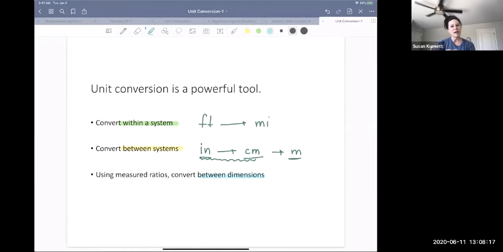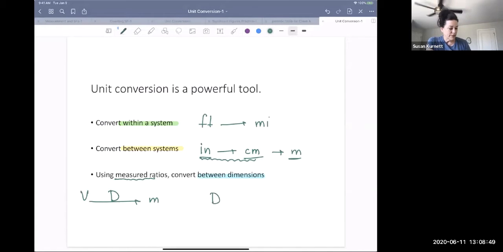Mass is how much stuff, and volume is the space the stuff occupies. So mass units might be grams and volume units might be milliliters. But we can use a measured ratio, like maybe a density, to go from a volume in milliliters to the mass of that sample.